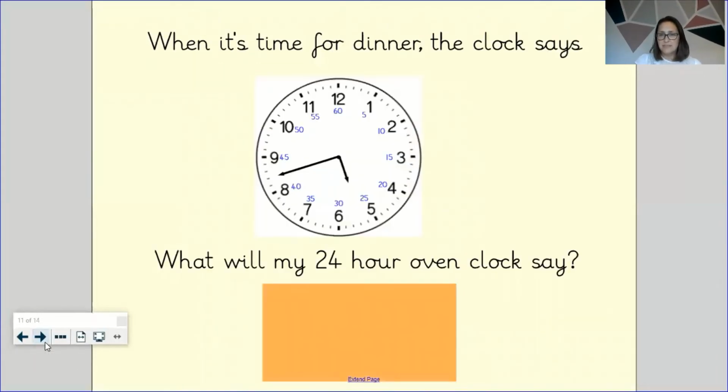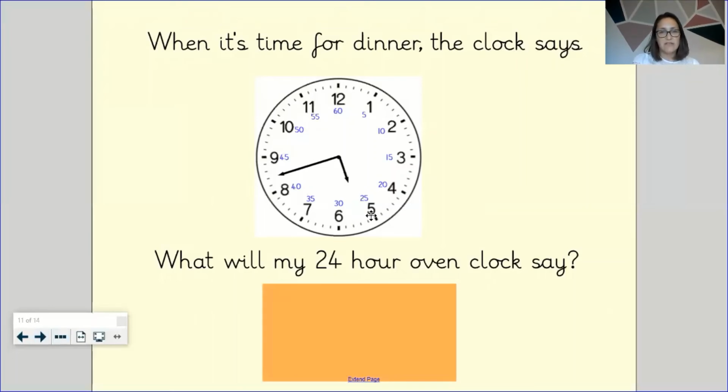Okay, it's dinner time. Now, when do we have our dinner? In the evening. We don't have it in the morning, so we know it's going to be a PM or a past 12 time. So my clock on the wall shows this. What will my 24-hour oven clock say? So pause me and have a little think. So the hour is between the 5 and the 6.